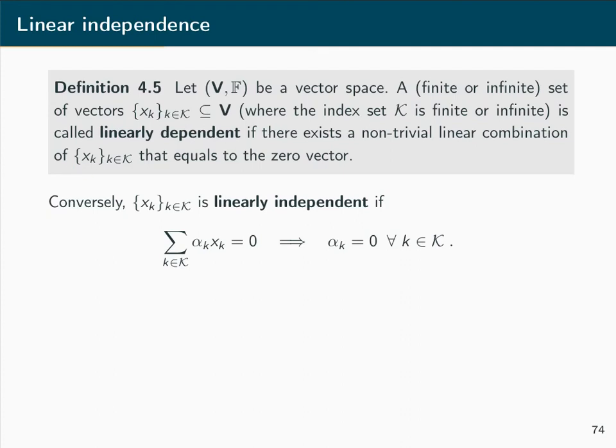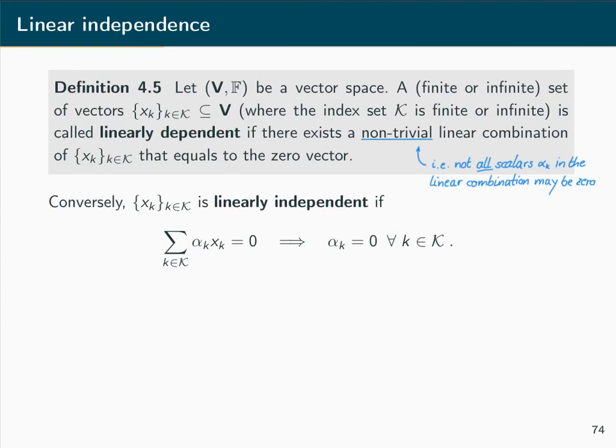Here the expression non-trivial is critically important, and what it means is that not all of the scalars alpha k that multiply the vectors xk in the linear combination may be 0. Conversely, we can say that a set of vectors, finite or infinite, is linearly independent if the following condition is met.